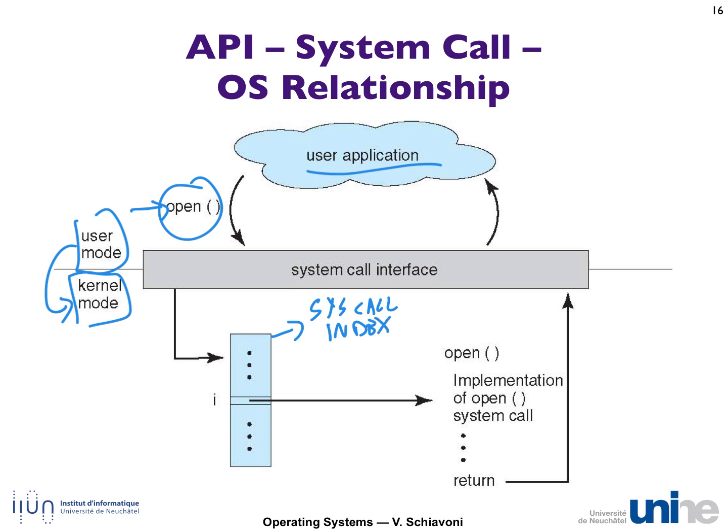That will find the implementation of the operation open. You can imagine this is the integer in position I that gives the OS the position of that code. And now the OS knows that for this system call, it needs to execute all this code. And once this is completed, the return goes back via the system call interface back to the programmer.